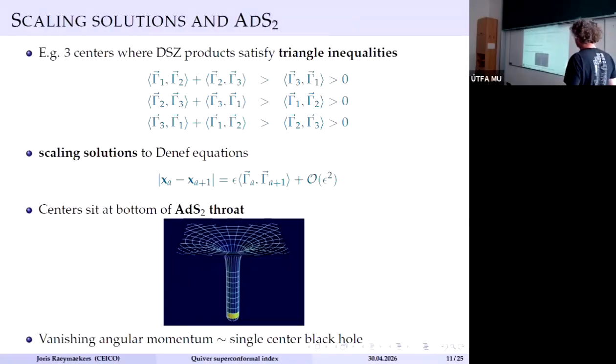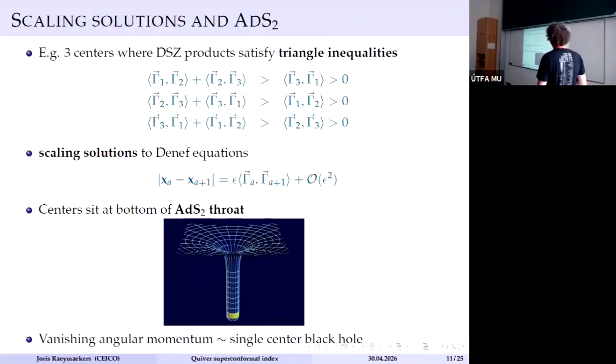So now, if there's no question about this part so far, I'm going to move towards the scaling solutions, and here's AdS2. So I'm returning now to the supergravity picture for a while.